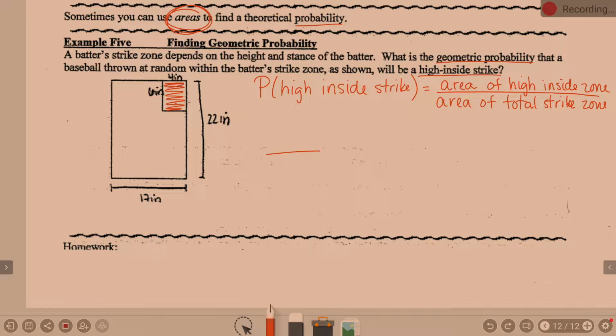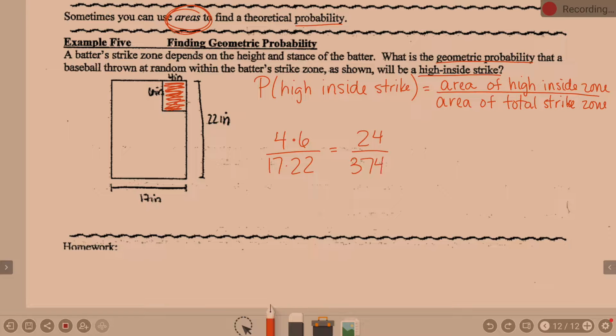We're going to do 4 times 6, which is 24. What are we doing on bottom? Area of the total strike zone. What's the area of the total strike zone? I just know 17 times 22. 374.